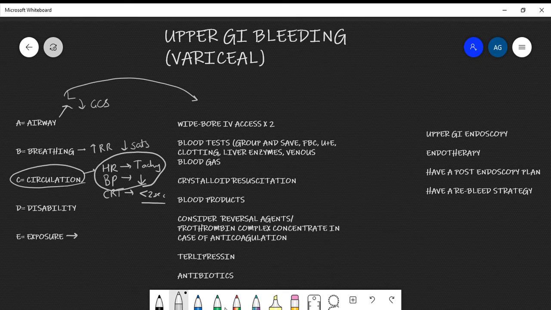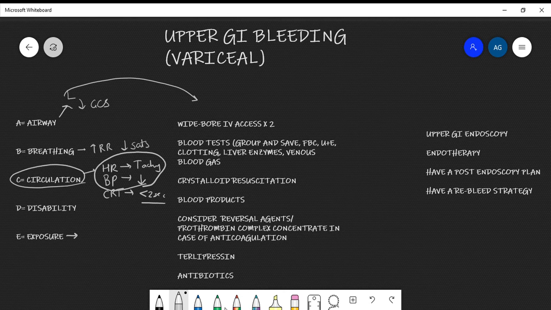But you've just sent your blood test, you've just sent your group and save, and it will take some time before the blood reaches you. The lab has to then prepare the blood and send it to you. So in the initial phase, go for IV crystalloids, and you'll be giving them in the form of a bolus with continuous assessment of their fluid status, of their heart rate and blood pressure.